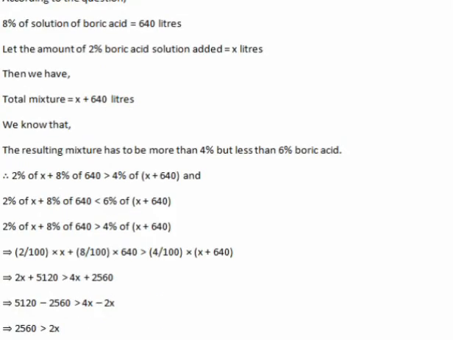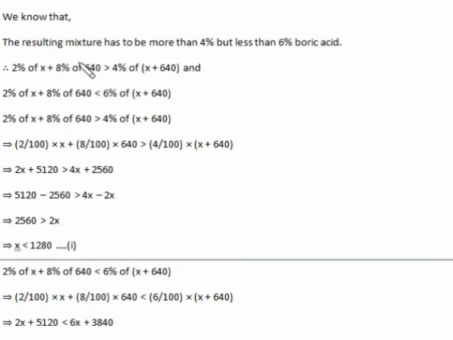We know that the resulting mixture has to be more than 4% but less than 6%. Now 2% of x plus 8% of 640 is greater than 4% of x plus 640. We solve it. We get 2x plus 5120 greater than this one, and after the result, x is less than 1280.